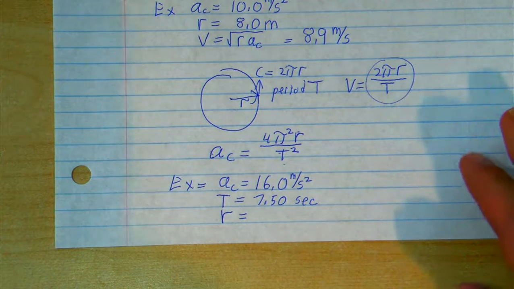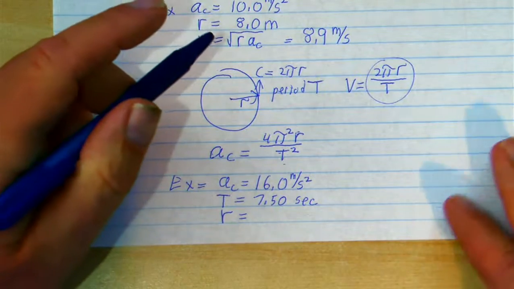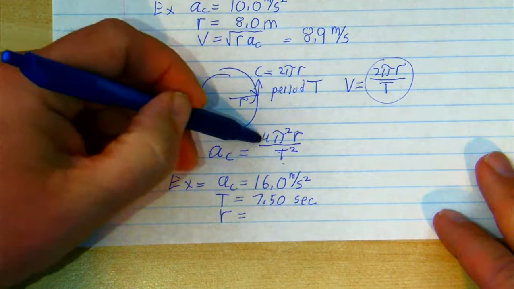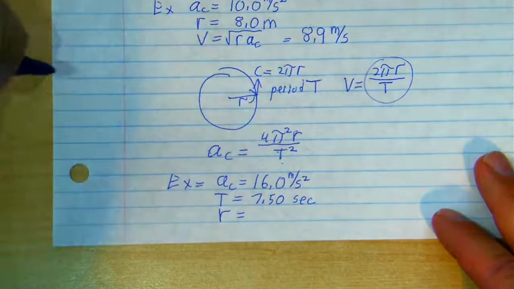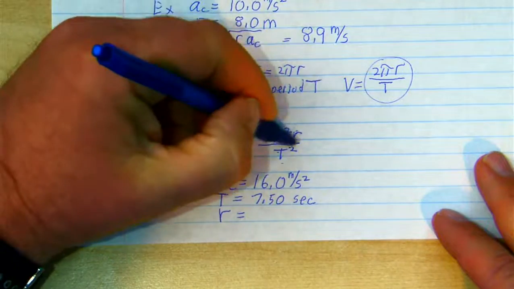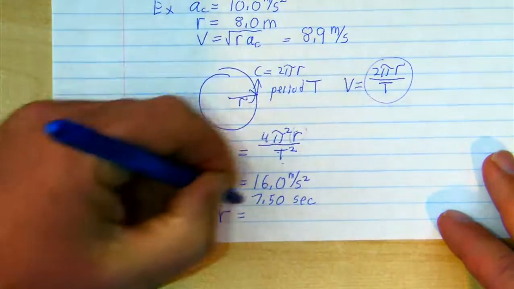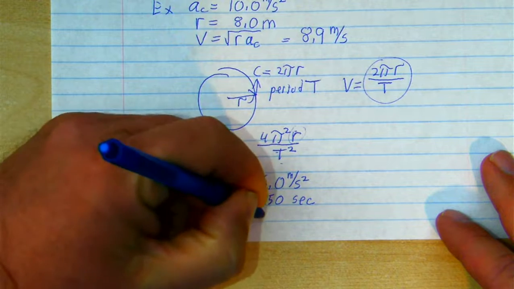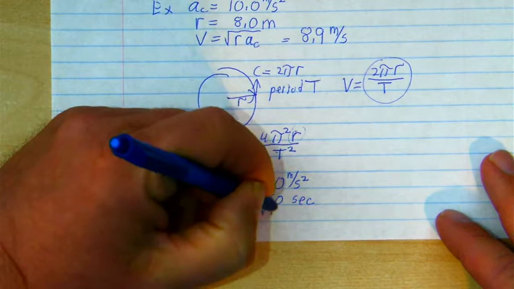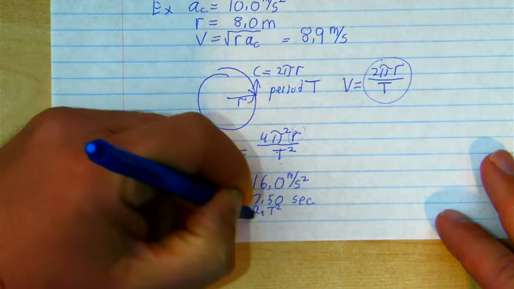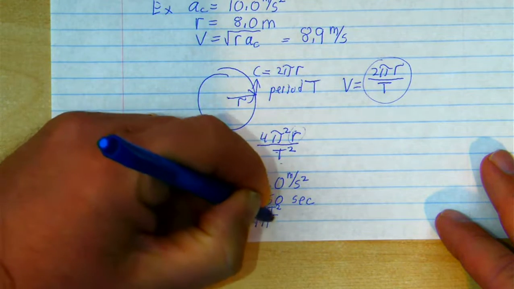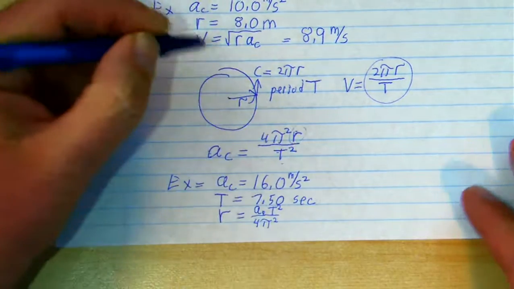Okay, well, this one certainly is a struggle for the students. We have to rearrange this equation to solve for r. And r, in this situation, when we rearrange it, is going to be equal to the centripetal acceleration times the square of the period divided by 4 divided by pi squared.